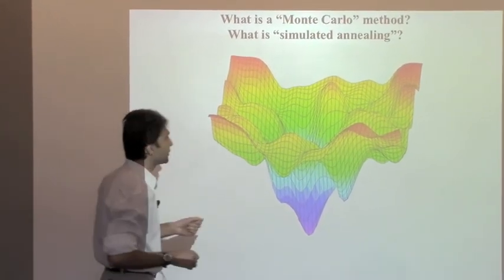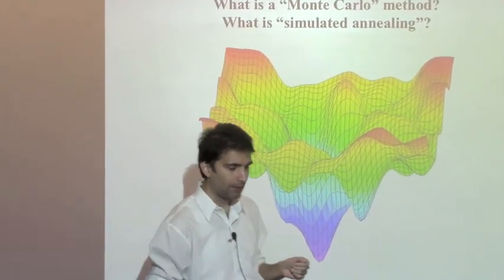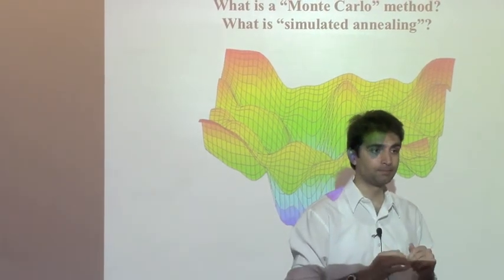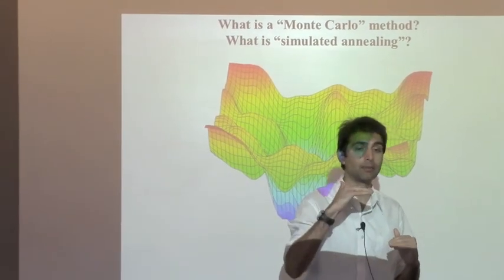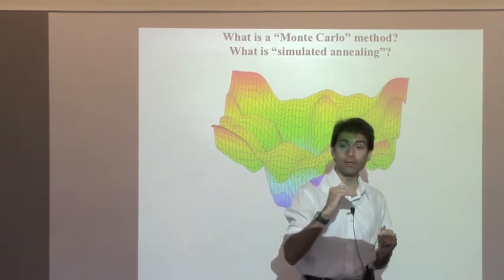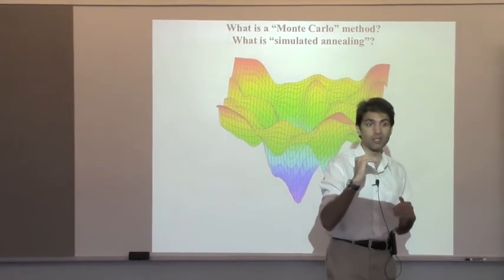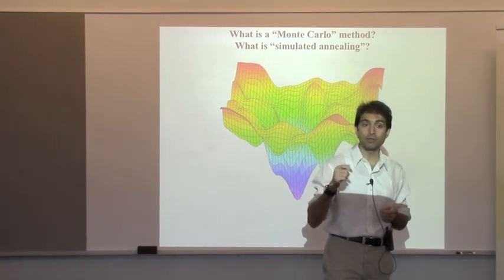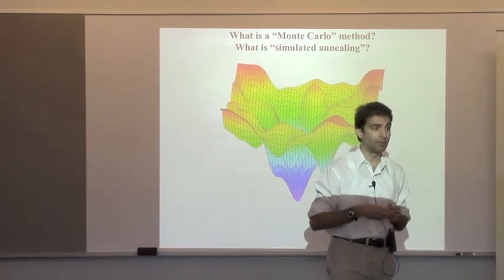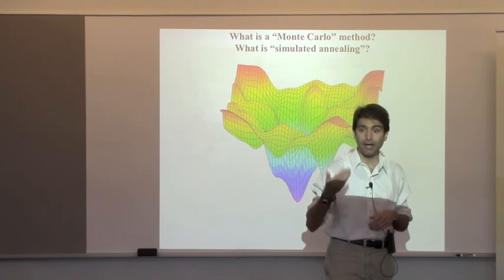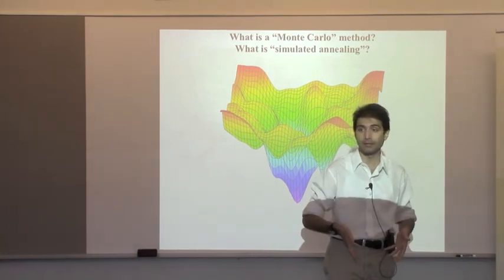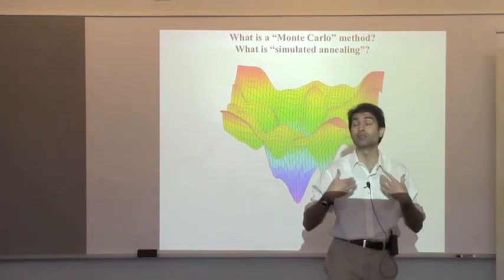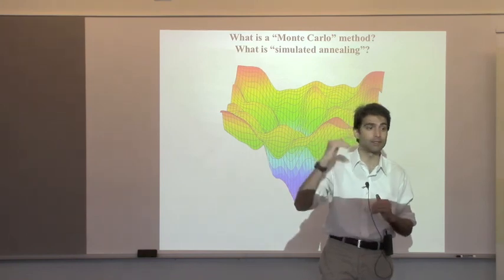Now, there's one other thing that I should mention here. When I take this step, and if the energy has gone up by a medium amount, I need a way of calculating the probability with which I should accept or reject this move. And there's actually a factor called a temperature factor that helps to determine that. If the temperature is very high, I'm very likely to accept moves that increase the energy.